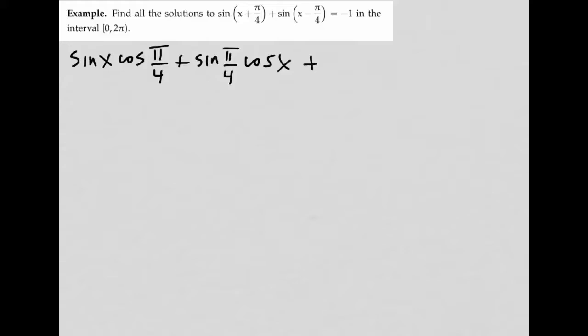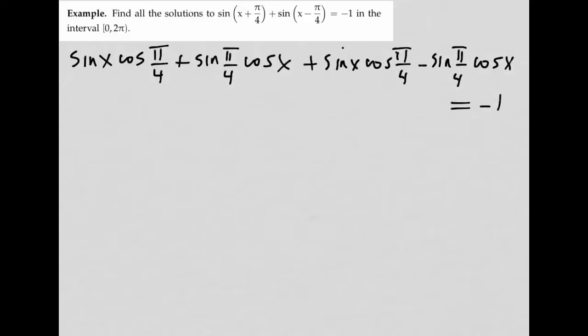Now I'm going to write the difference formula for sine of x minus pi over 4. So that's sine x cosine pi over 4 minus sine pi over 4 cosine x. So that's the left-hand side of the equation, and all of that equals -1.